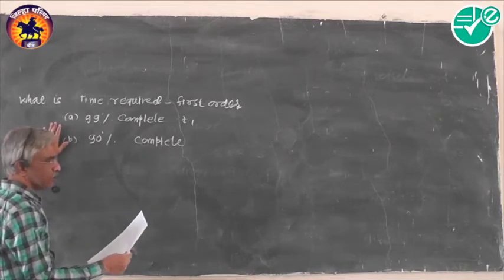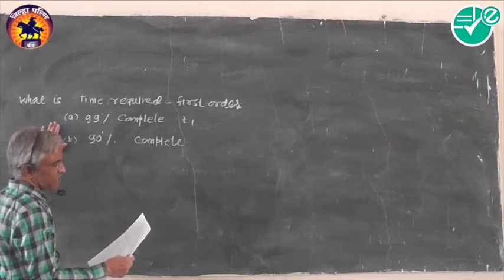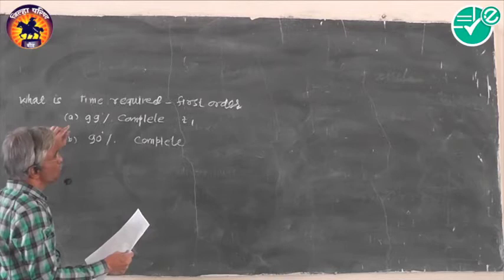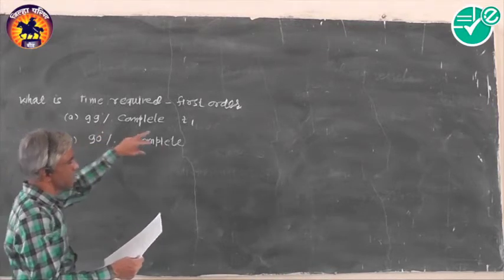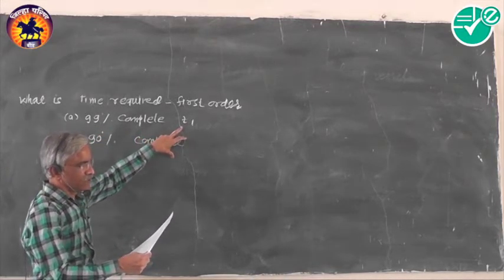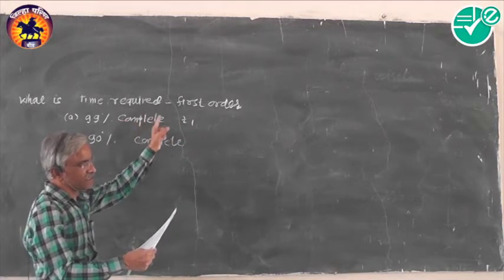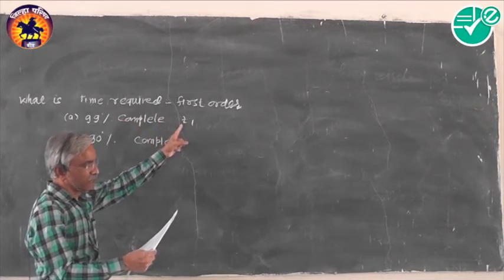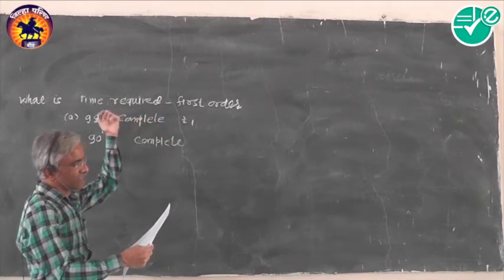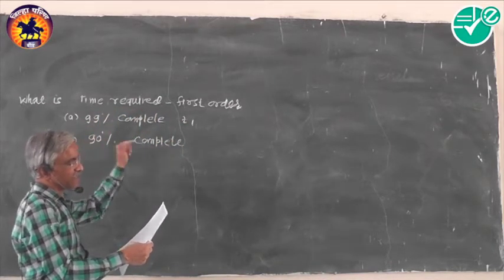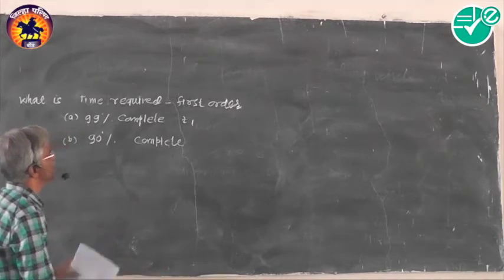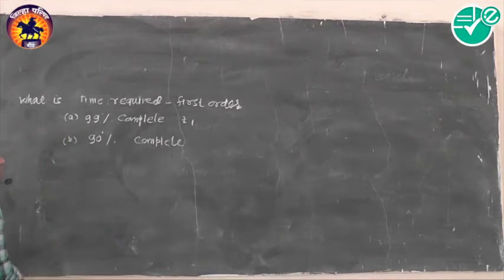Now I will read the stem of the objective again. What is the time required for a first order reaction to be 99% completed compared to the reaction to be 90% complete? For that purpose I have written data here.